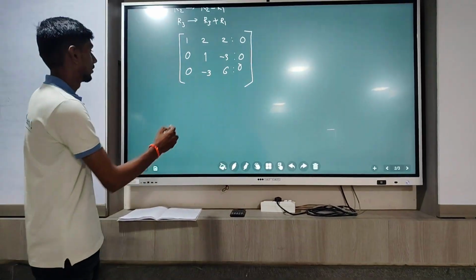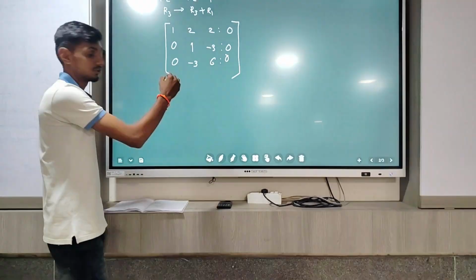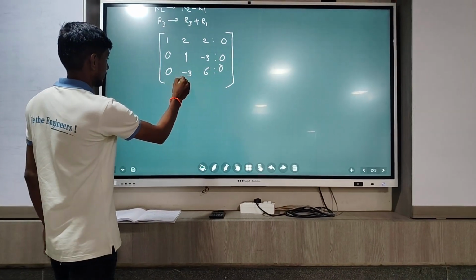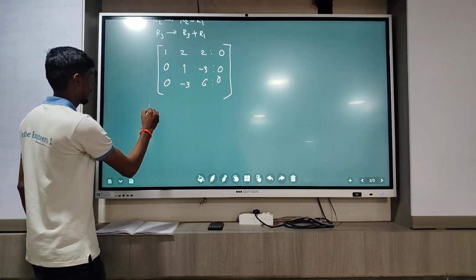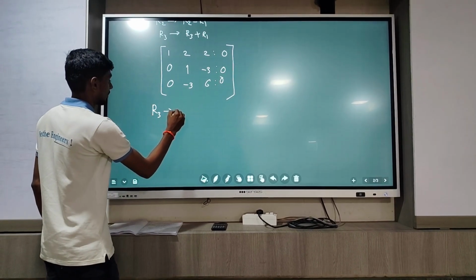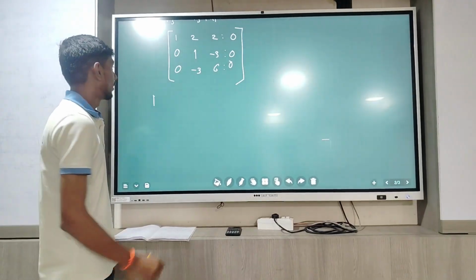Now we have to make the minus 3 equal to 0, so we apply an operation on R3.